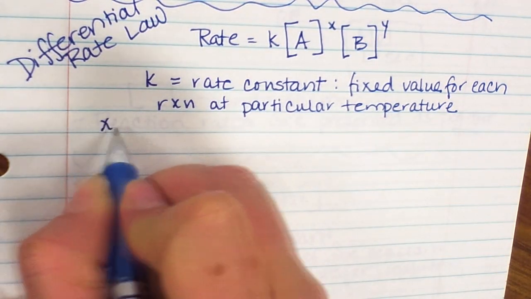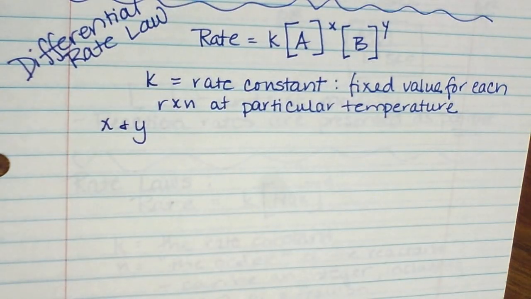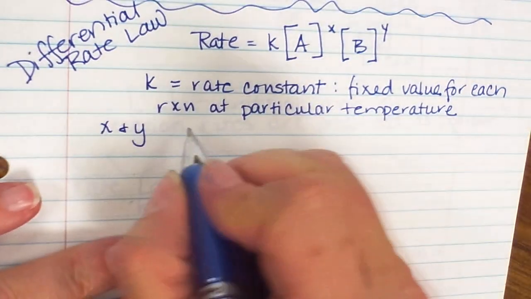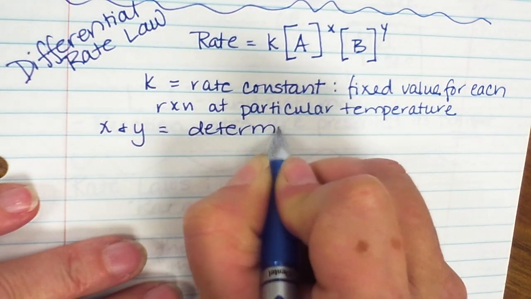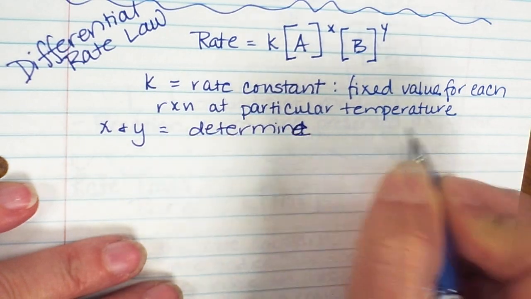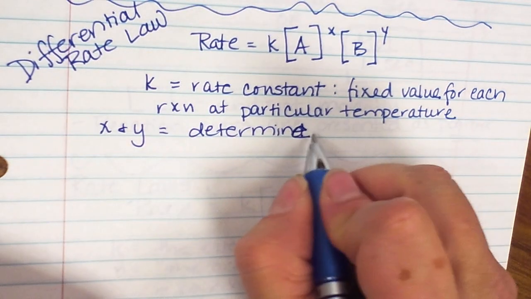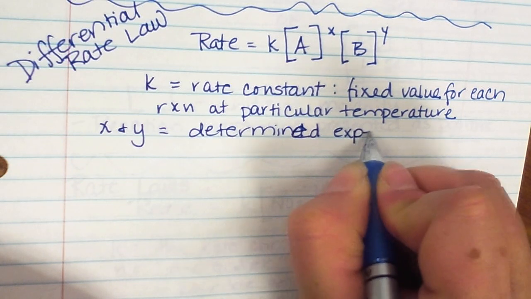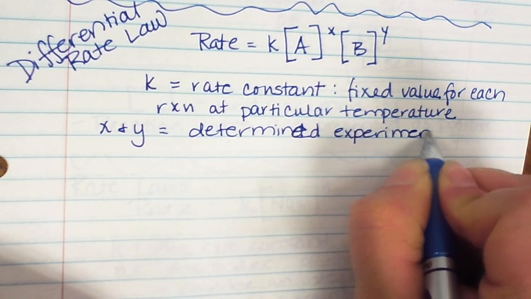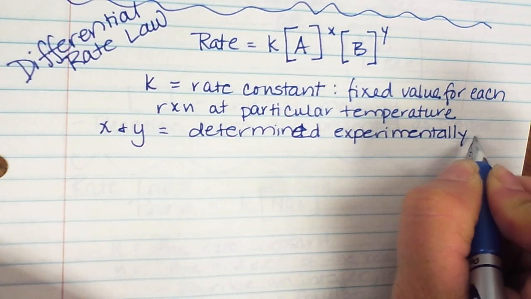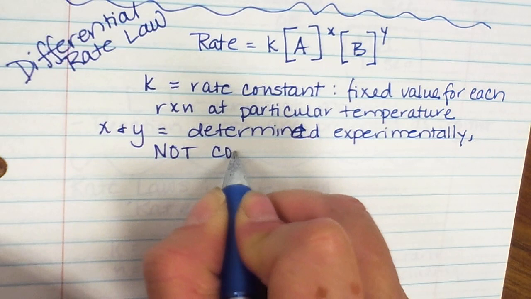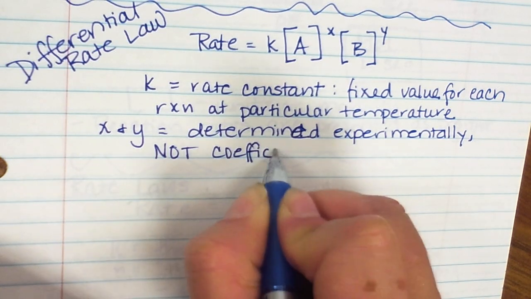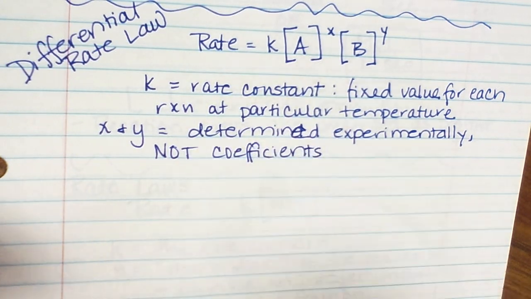X and Y, now remember, I told you they are not the coefficients, right? They are determined experimentally. You're going to get data, and we're about to do some problems, right? Determined experimentally. And they are not coefficients. I write this over and over and over, and we still, because it's coincidental, people get lazy and just write down, oh, no, it's the coefficients, all right?